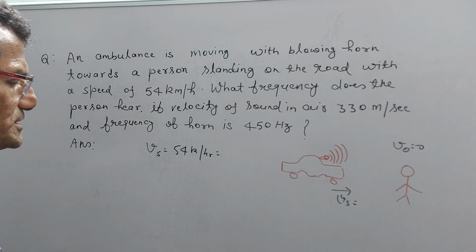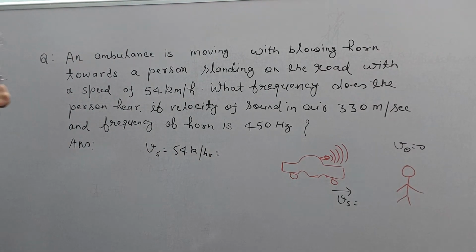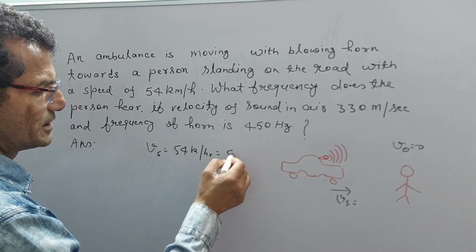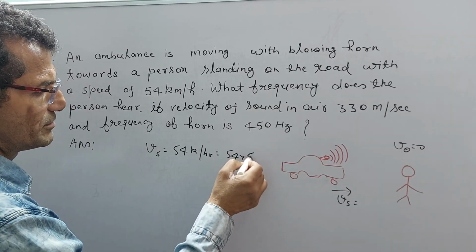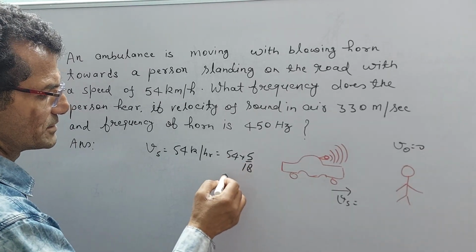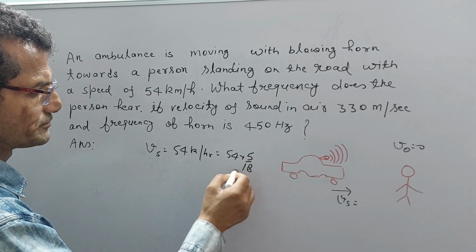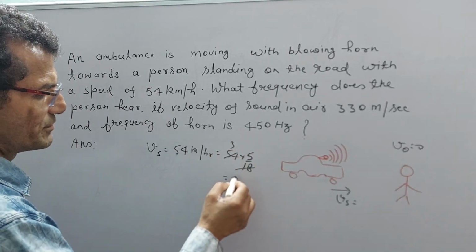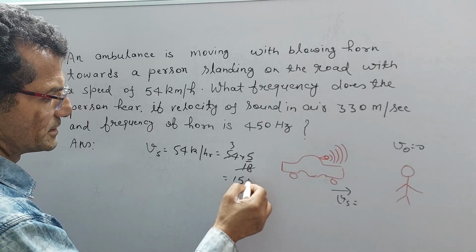We have to convert into meter per second. So if I multiply this by 5 upon 18, after solving it comes out to 15 meter per second.